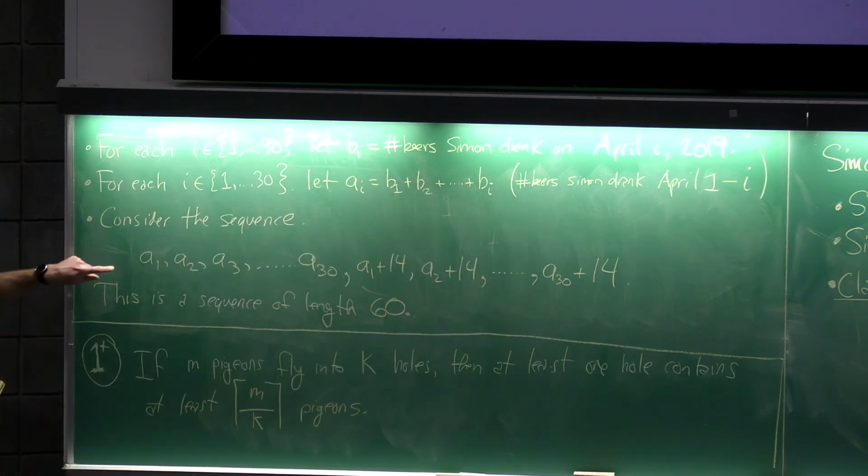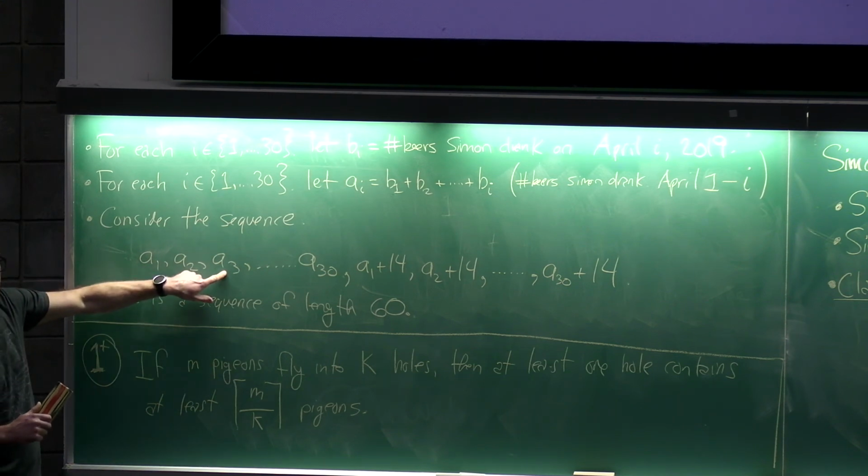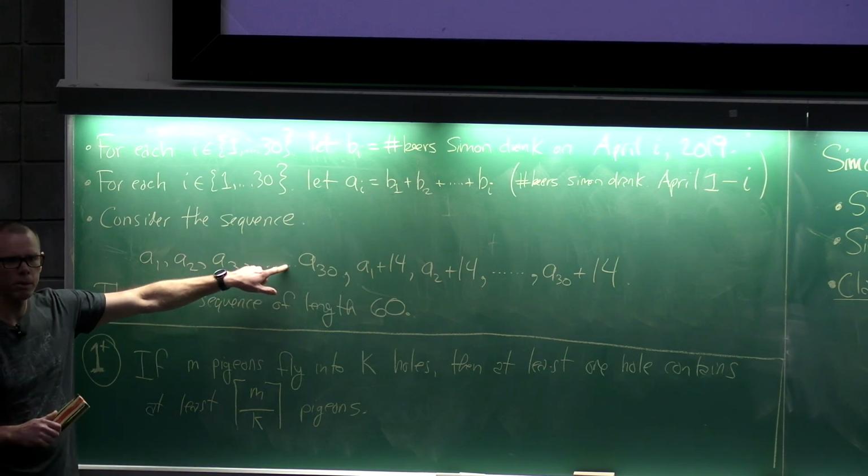And A2 is bigger than A1, and A3 is bigger than A2, because each one of them has to increase by at least 1, because he drinks a beer every day.